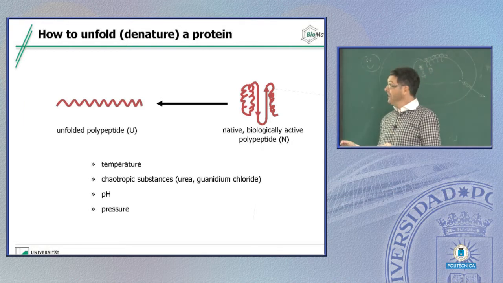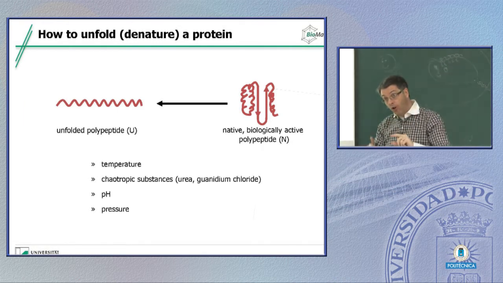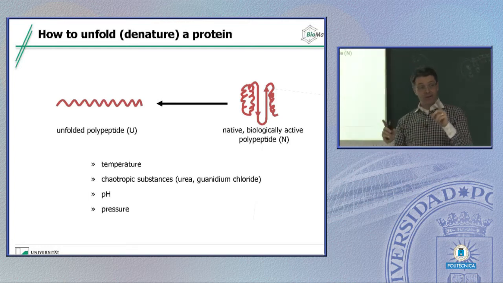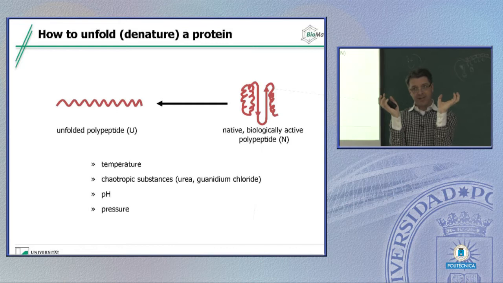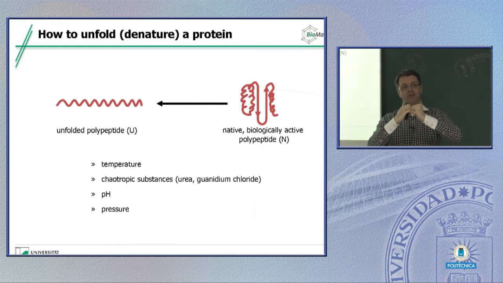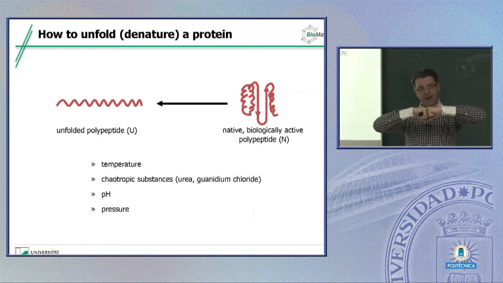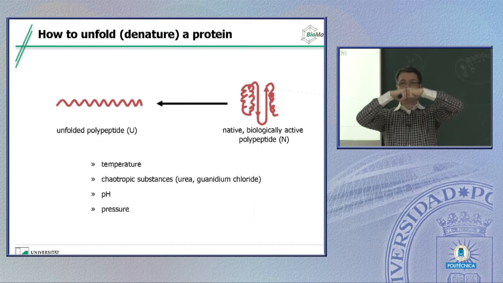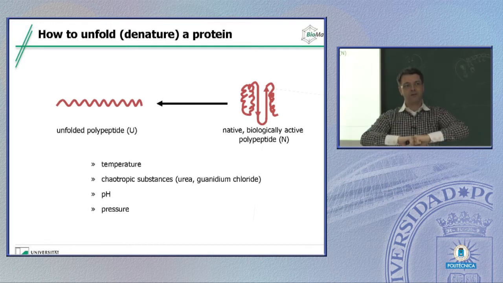Yes, you can cold denaturate all proteins. The reason is that you have all the hydrophobic side chains packed inside a structure. And what I didn't tell you so far, hydrophobic interactions are extremely temperature dependent. So the lower the temperature, the looser the hydrophobic interaction.